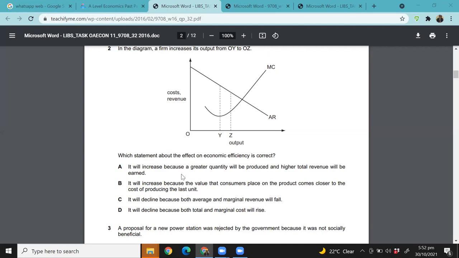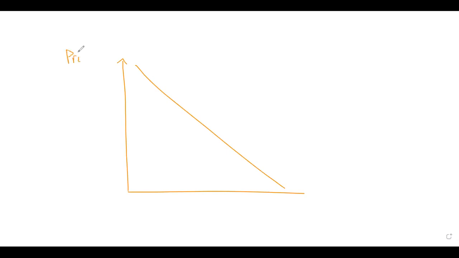So we did talk about this in our class, that allocative efficiency exists where the price of the product is equal to its marginal cost, right? So have a look at this. The idea is fairly simple: you have a downward sloping demand curve. On the y-axis, you have the price and the cost, and on the x-axis, you have the quantity, right?